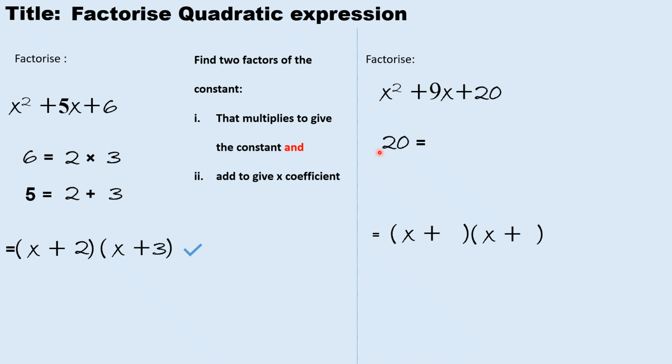So let's see. 4 multiplied by 5 is 20. And then these same factors should add to give you your coefficient of x, the number that is multiplying your x. So 4 add 5 is also 9. That means your factors are 4 and 5. So 4 here, and in the next bracket you will have your 5. So that is your answer.